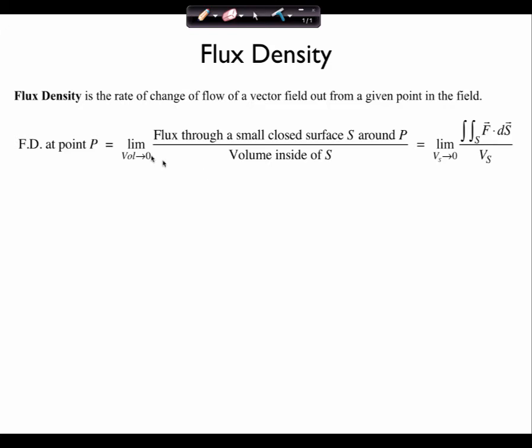Since it's a pointwise phenomenon, we take the limit as that volume goes to 0. So it's the flux around S as the volume inside S goes to 0. This gives us the idea of flux density, the rate of change of flow of the vector field out from a given point.